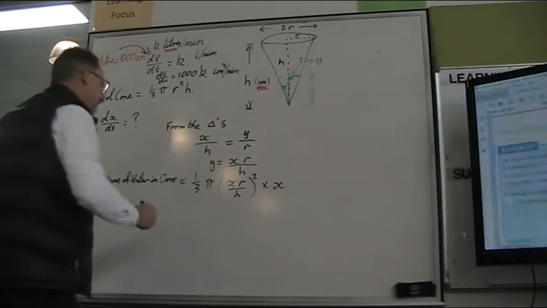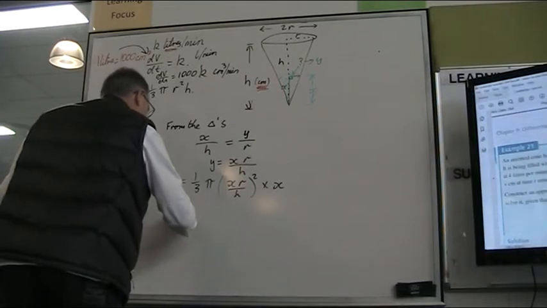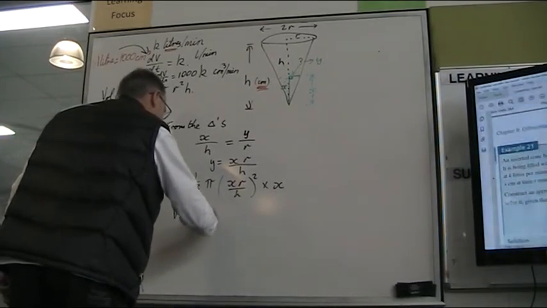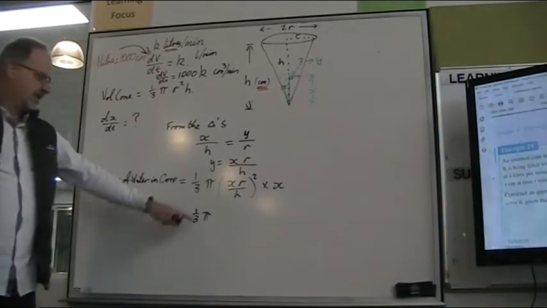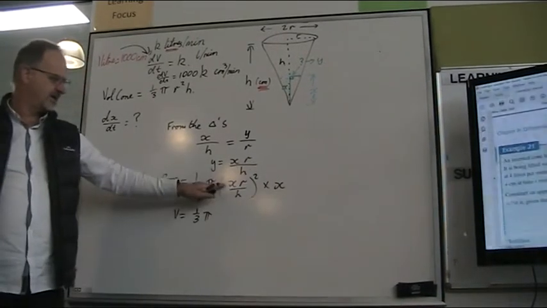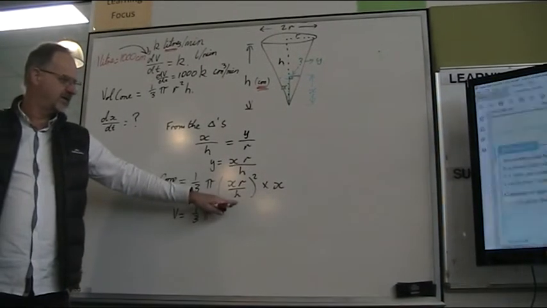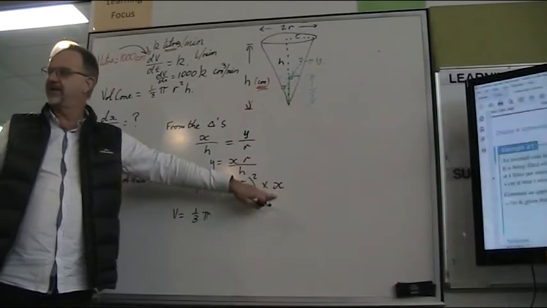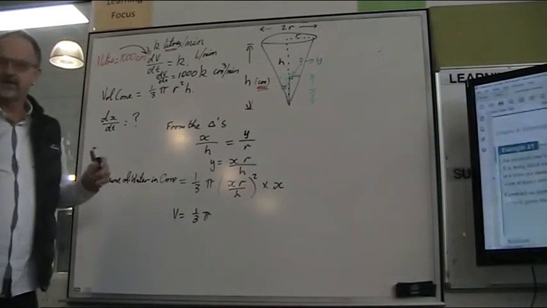So the volume then would be 1/3 pi. When I square this stuff here, I'll have x squared, r squared, h squared. Got another x out over here, so it's going to be x cubed.